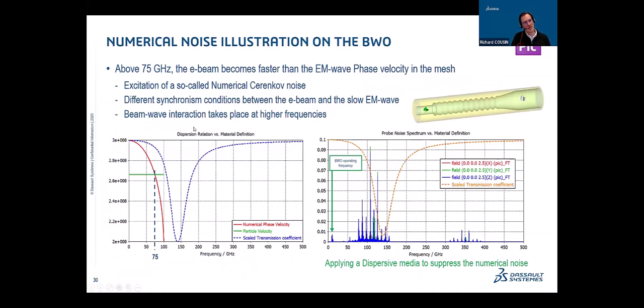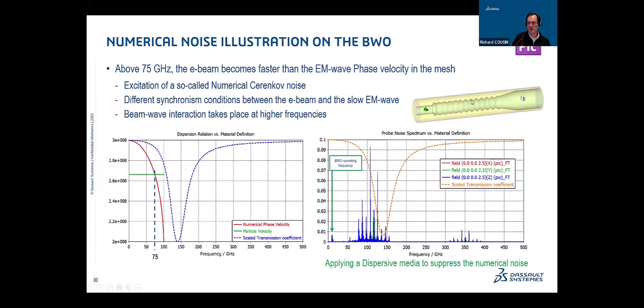So that means that, for instance, here, you see that above 75 gigahertz, you have the numerical phase velocity, and you can see that in this area, the particle beam is moving slightly faster than the phase of the electromagnetic waves. That means that you have a kind of numerical Cherenkov effect.